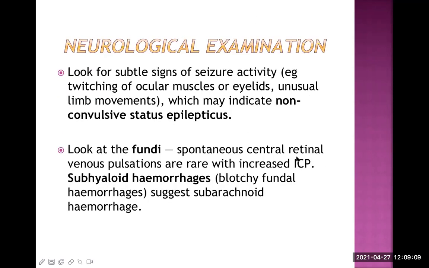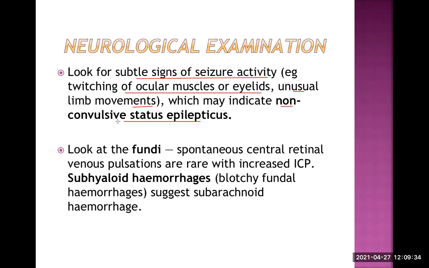Now, apart from the Glasgow Coma Scale, what are the other neurological examinations we like to do? Look for subtle signs of seizure activity, like twitching of the ocular muscles or eyelid, or unusual limb movements, which may indicate non-convulsive status epilepticus.